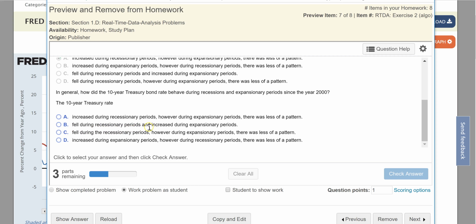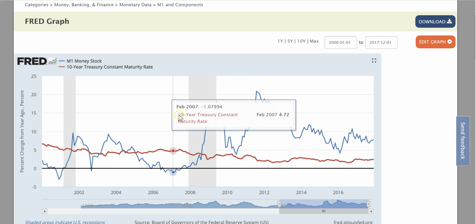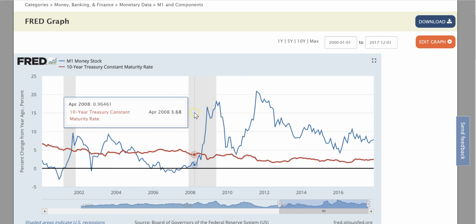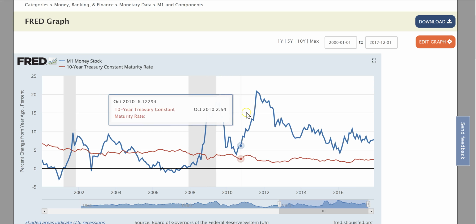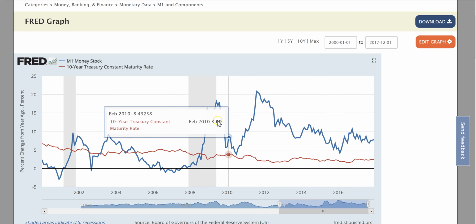So now let's go to the second part of these two choices. B is increased during the expansionary periods. The white areas refer to the expansionary periods. So do we have an increase? I guess not, right?